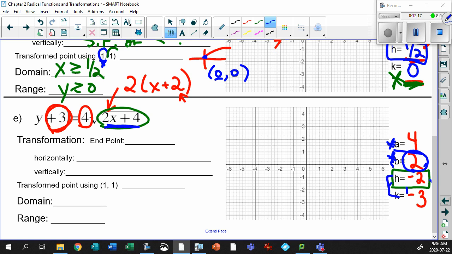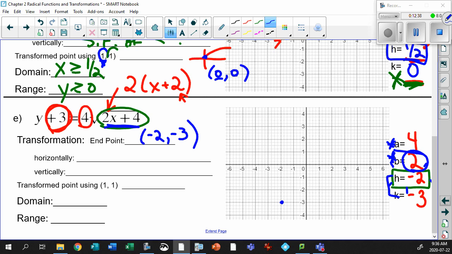So you're going to go left 2, down 3. Left 2, down 3 starts you right there. Okay, let's keep on going. So left 2, down 3 is our new endpoint. Wow. Okay, horizontally, what are we going to do?